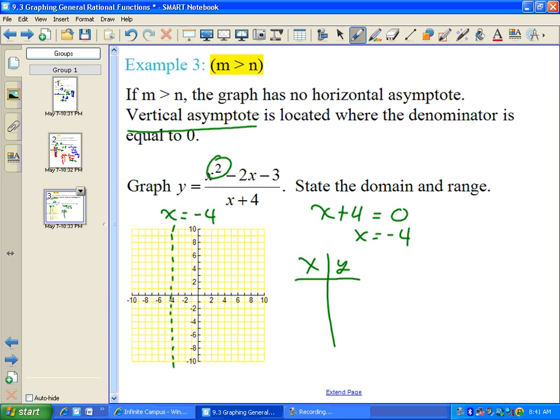If you actually graph this one, it's going to look something like this. And I kind of put a few extra curves in there. But the point is, I need to know what the asymptote is doing. I need to know what my domain and my range are doing.